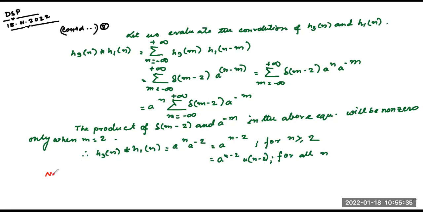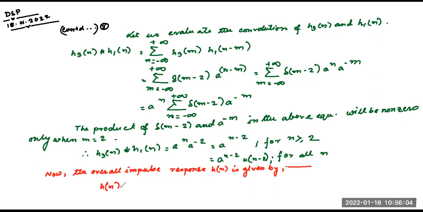So now the overall impulse response h(n) is given by h(n) equals h1(n) convolution with h2(n) plus h3(n) convolution with h1(n).